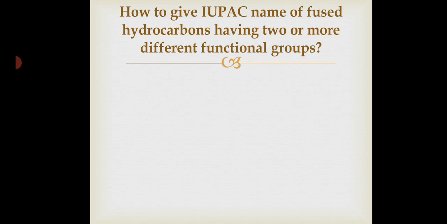Now, how to give an IUPAC name of a fused hydrocarbon having two or more different functional groups. In the earlier examples, we have seen that either the fused hydrocarbon is having one functional group or it is having two similar functional groups.